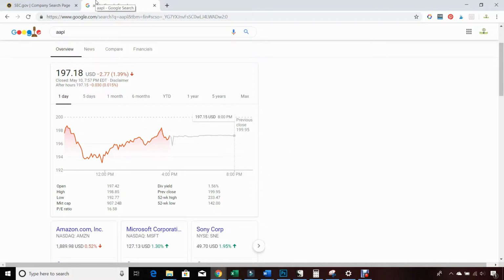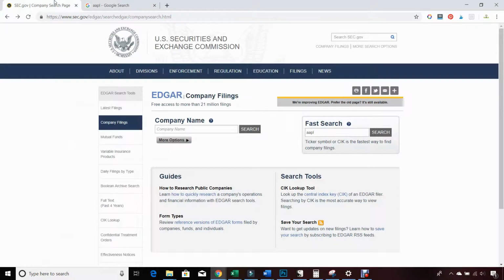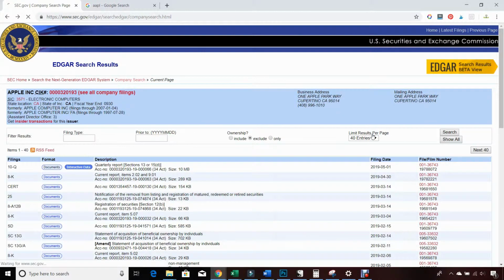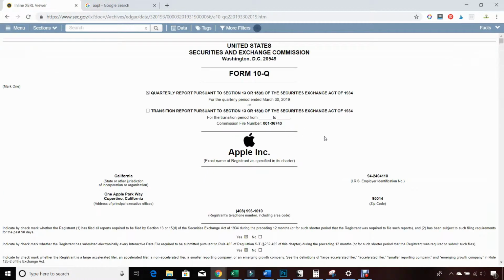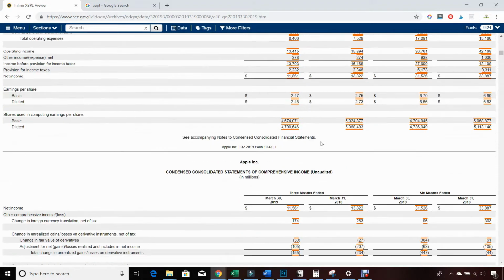So dividend payout ratio is one of the primary metrics that dividend investors use to evaluate dividend safety. But I want to talk about another form of dividend payout that should also be used alongside the traditional metric. So let's go over that right now with Apple as an example. I'm just going to open their SEC filings and go to the cash flow statement.